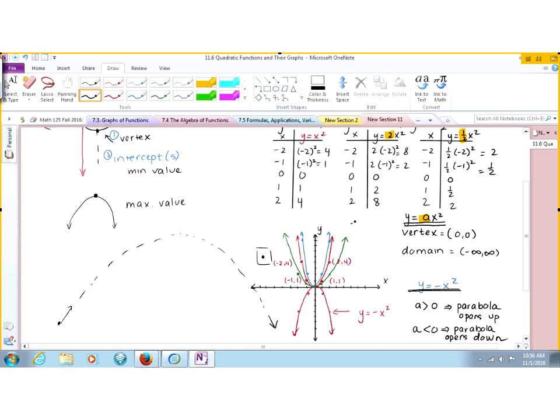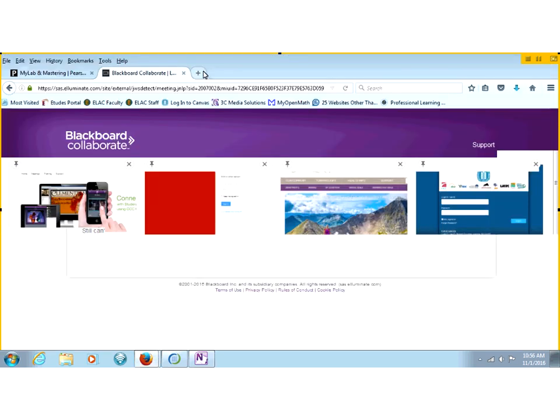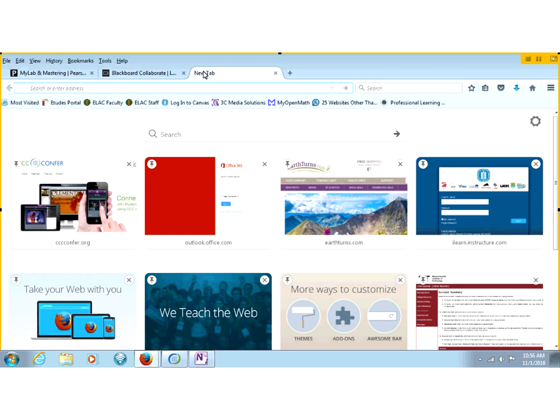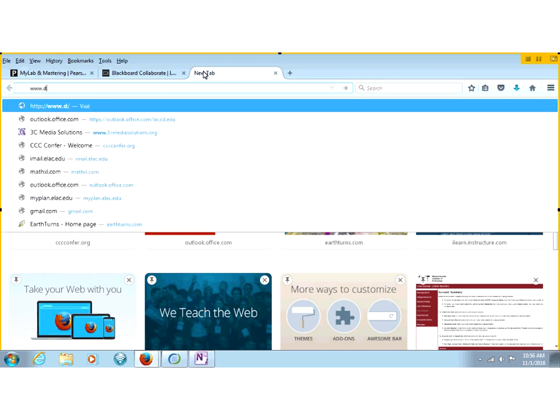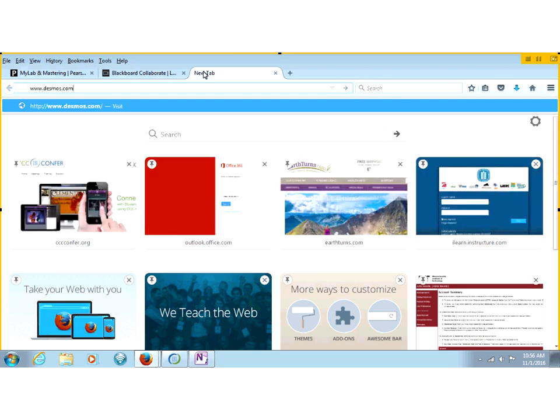Okay. Now, what we could do is, let's do a demo in Desmos. So I'm going to show you a little bit. Did I ever open Desmos.com? That's a good calculator. So the website is www.desmos.com.